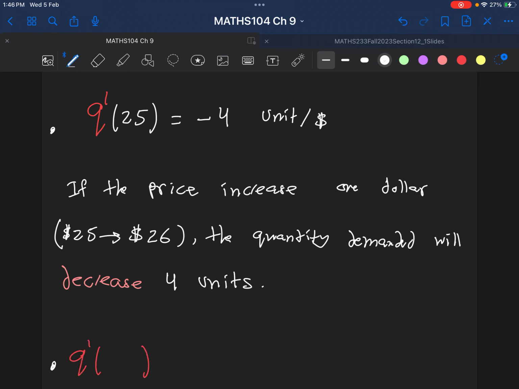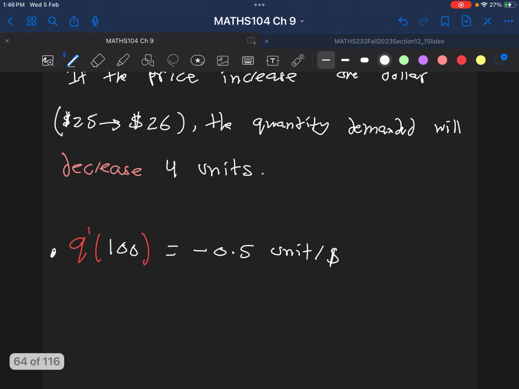The second part, we will do the same thing, but this time I'll substitute 100. Of course, I substitute in the derivative. The answer will be just 0.5 units. Now, what does this mean?